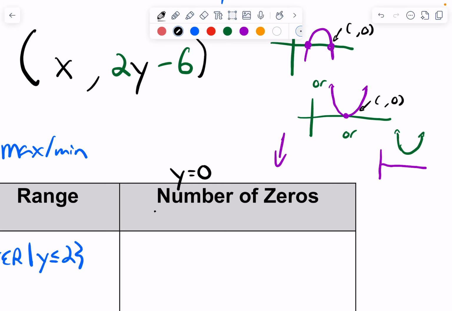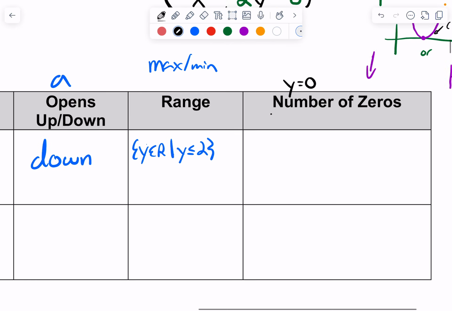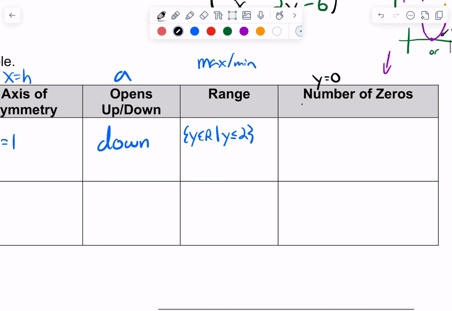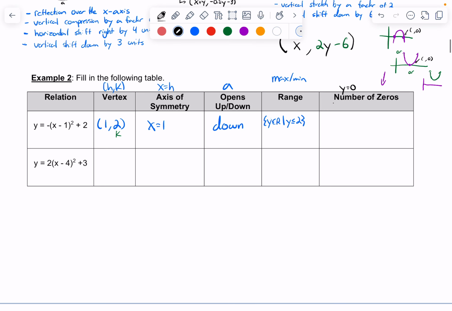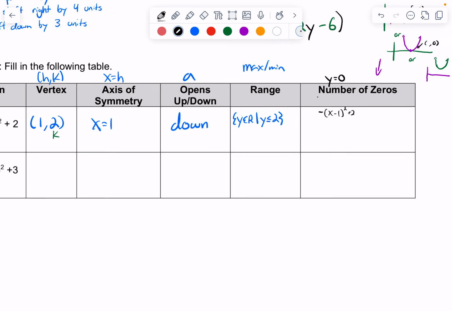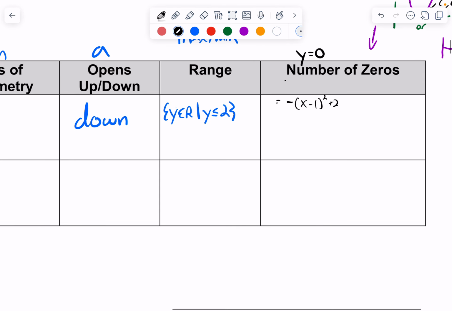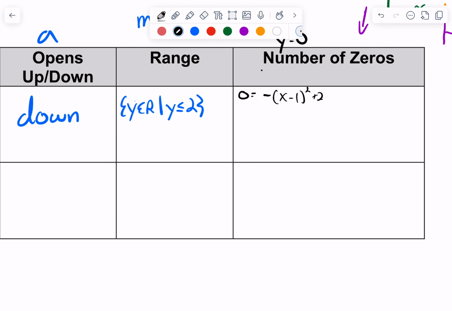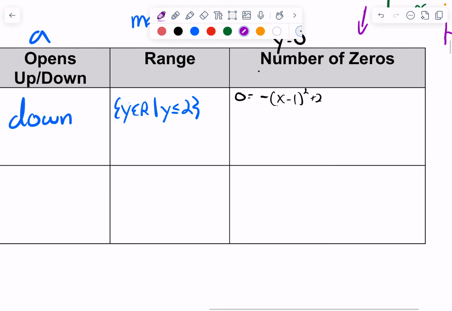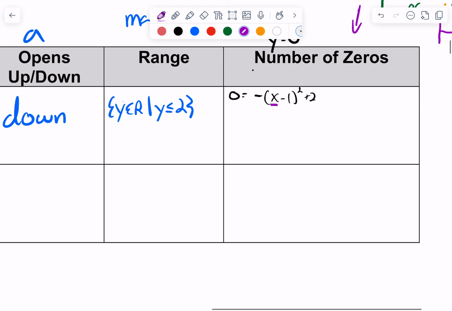Actually, this one has no zeros. So you take your formula, -(x minus 1) squared plus 2, and you set it equal to 0, and we are solving for this x value. So before I give you the formula, let's figure out what our zeros are.